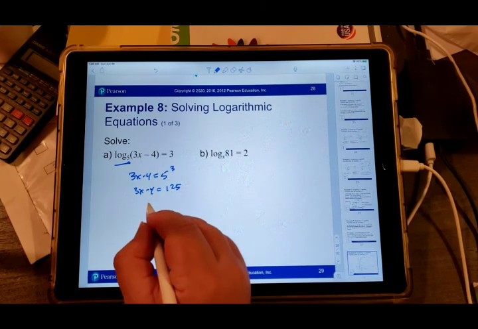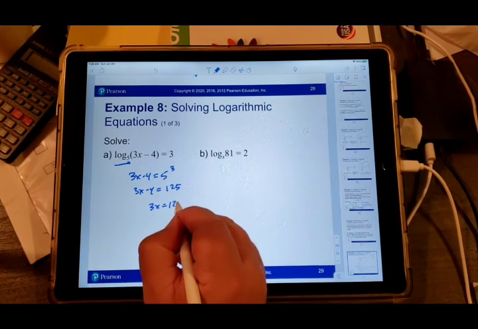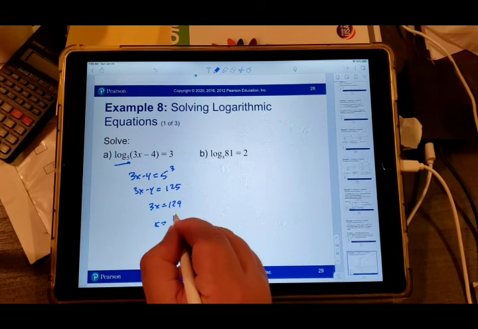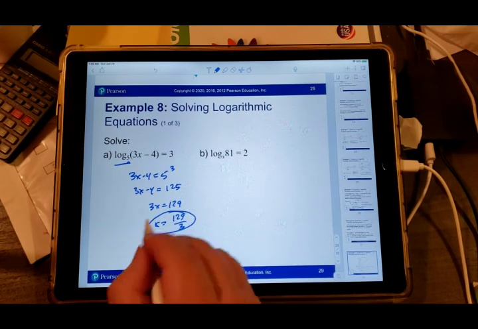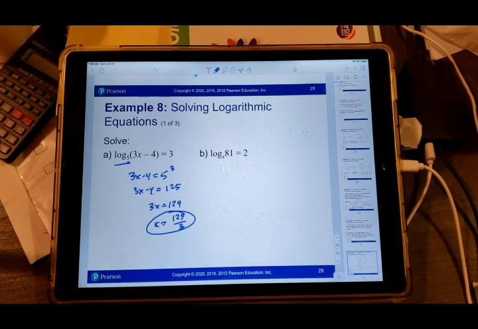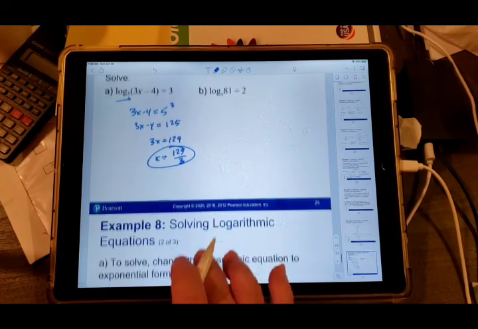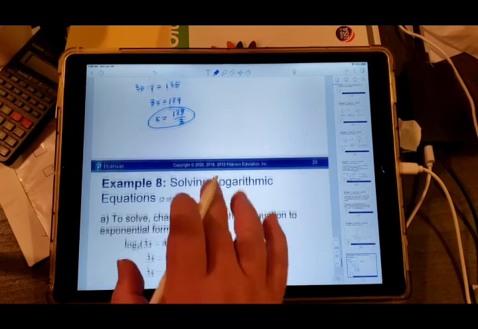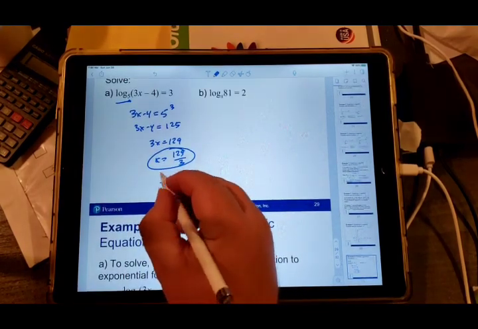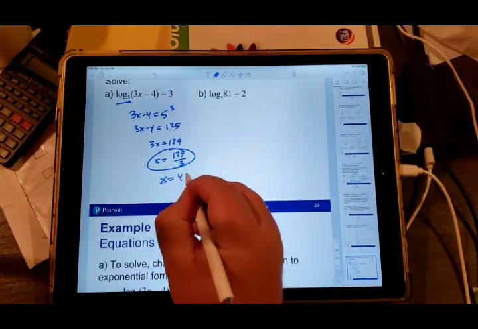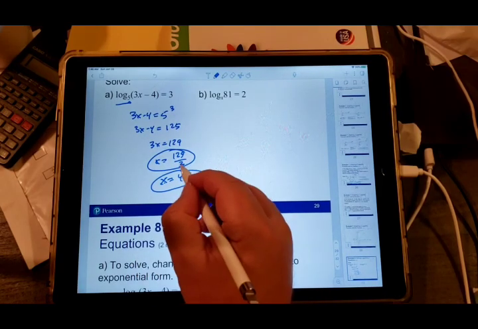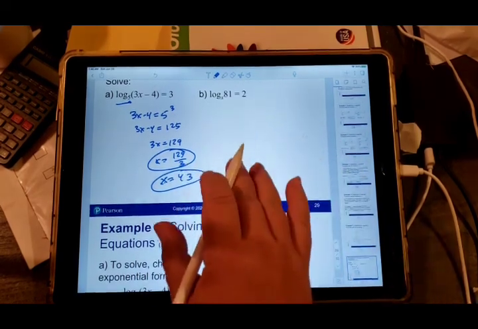What am I going to add? 5. 3x equals 129. x equals 129 over 3. That actually works. What is it? 43. All right. Could have used my calculator, but dividing this, you get 43.